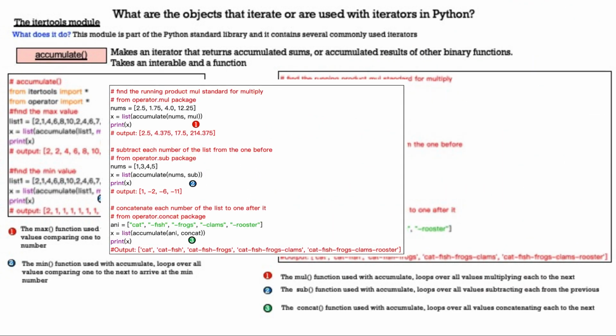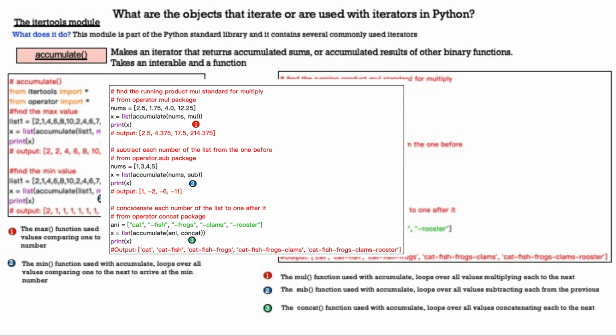The second example, what do we do here? We have nums: 2.5, 1.75, 40, 12.25. And now here, for x equals list accumulate, nums are a list of floating values and then mul. The mul function used with accumulate loops over all values, multiplying each one to the next. So 2.5 times 1.75 is 4.375, and so it goes. So it just multiplies them all against each other. Then in the next example, we have nums again, 4 different numbers.